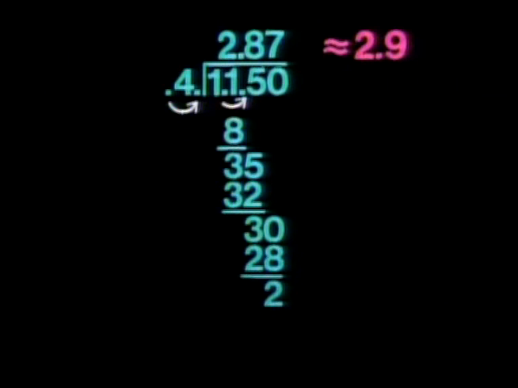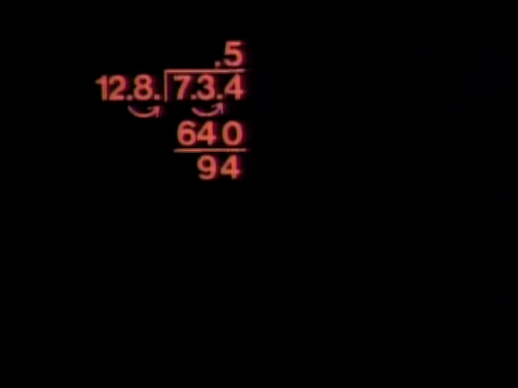And this takes us to the third possibility, problems where the answer comes out even if you plug away at it long enough. But why should you? Here, for example, is 7.34 divided by 12.8. Move decimal points, place decimal point in quotient, and start dividing.